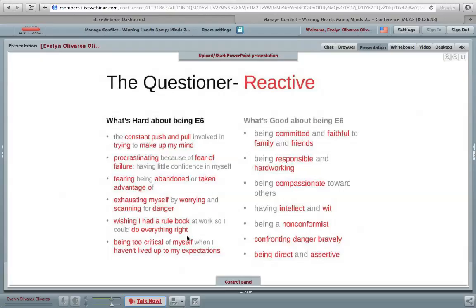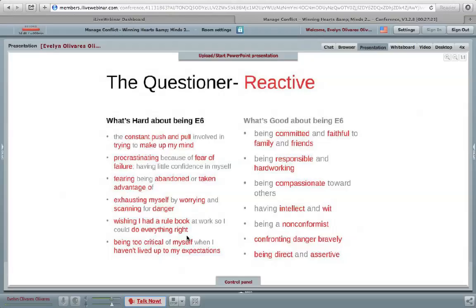The questioner. What's hard about being a questioner? If you have ever had problems with this kind of personality type, get into their shoes right now, take it on board, feel it, listen to what's being said, and see it through their eyes. The constant push and pull involved in trying to make up my mind. I procrastinate because of the fear of failure, having little confidence in myself at times.